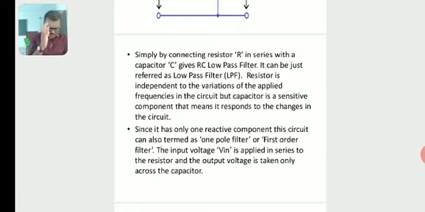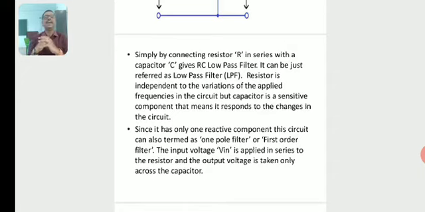We know that a pure resistor does not vary with AC, so the changes which occur in the circuit depend only on the component called the capacitor.